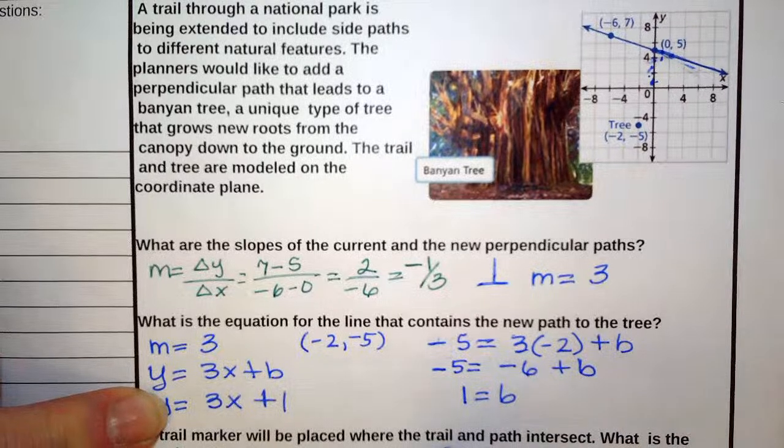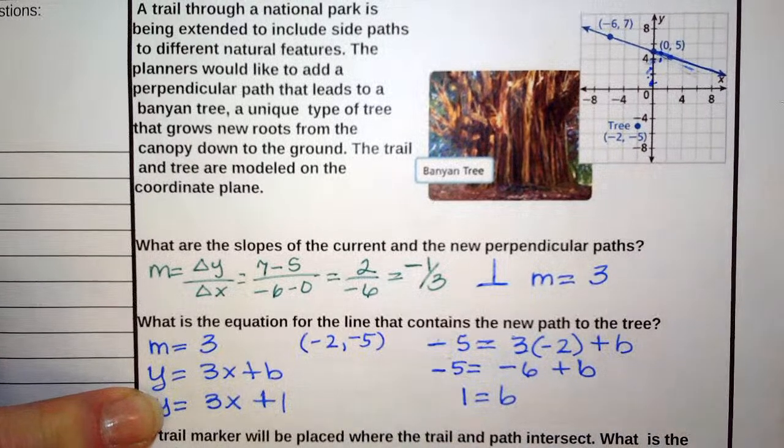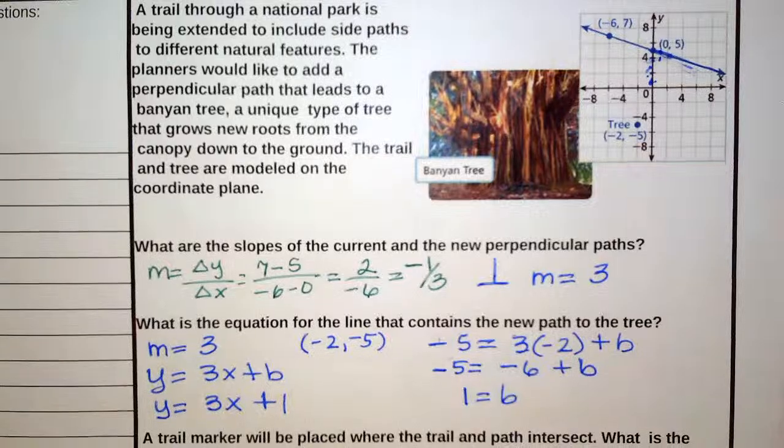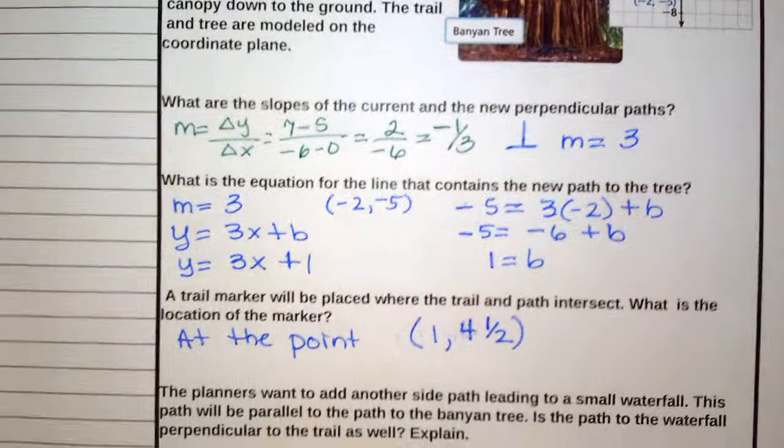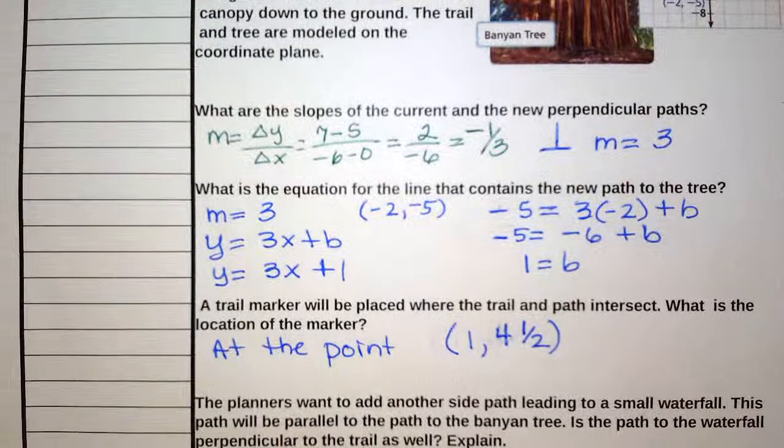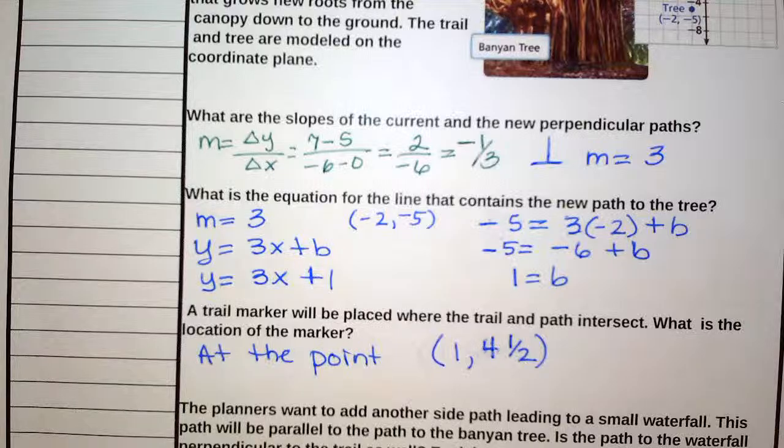Actually, it would be 1 and then 4.5 because it's not going to quite be to 5. 5 is where it crosses here. And remember, that's an approximation because we'd have to set up a system of equations to solve, and we have not learned how to do that yet.